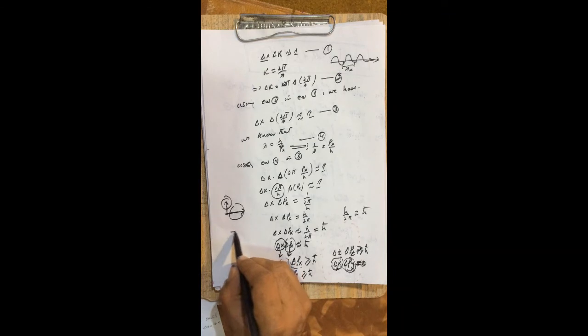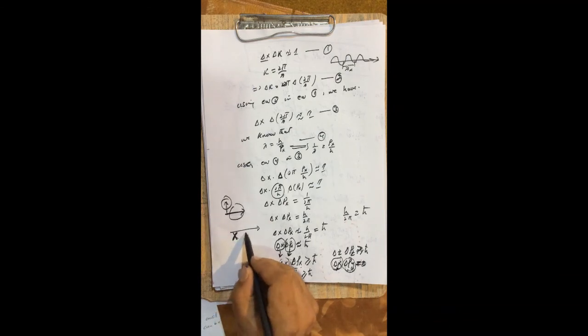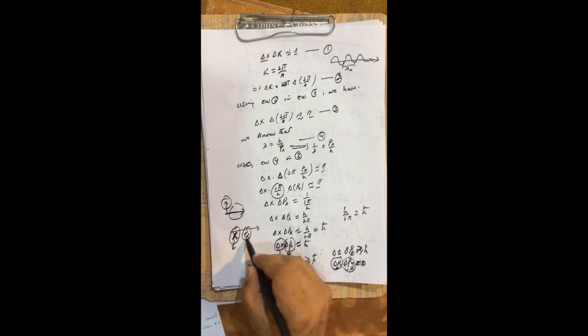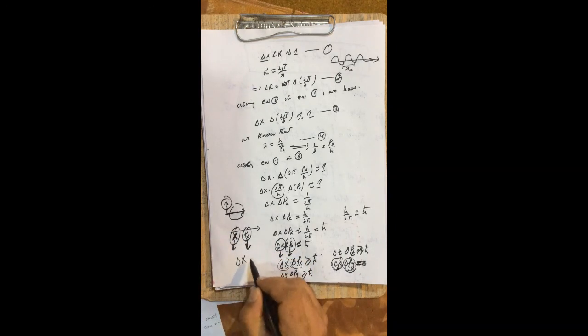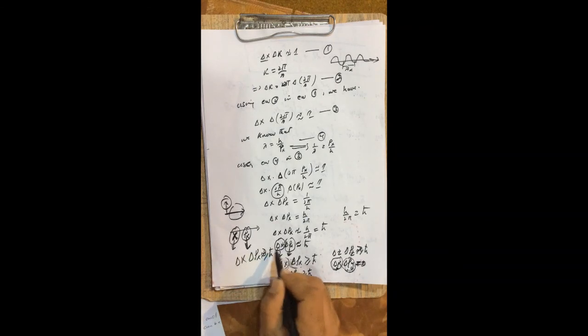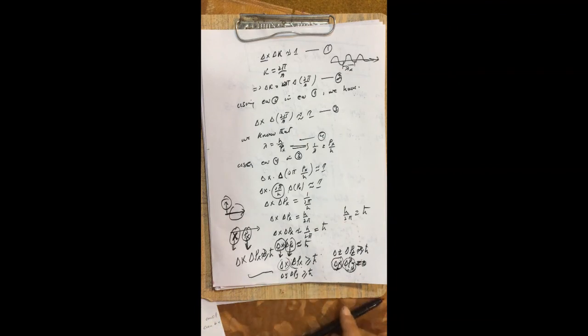But if we are going to measure both the quantities in the same direction, like the x component of position and x momentum, then there will always be an error in measuring the two quantities simultaneously. If we are measuring this quantity precisely, then we can't measure the other quantity at that precision. And the measurement is such that the error in delta x and the error in delta px will always be greater than or equal to h bar. This is called Heisenberg uncertainty principle.